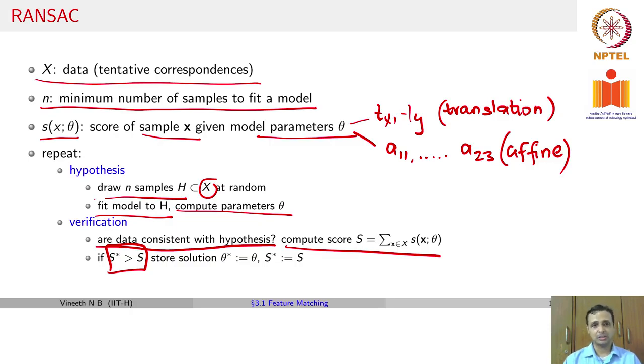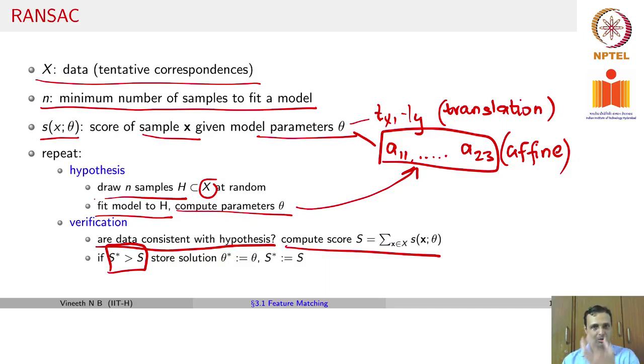You fit an affine transformation model, which means you can actually solve for a11 to a23 using a linear system of equations, a least squares fit. Now you try to see among all your correspondences, which of them would stay within an epsilon neighborhood of this particular transformation.